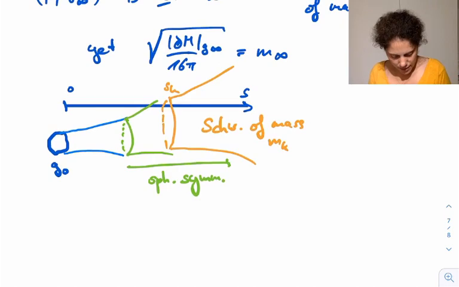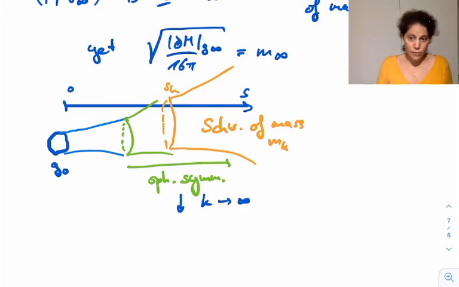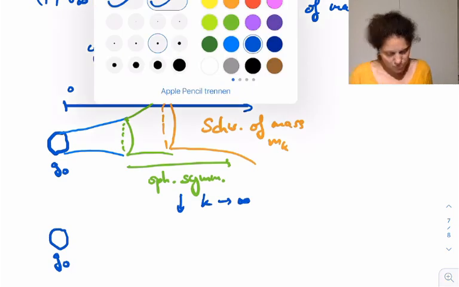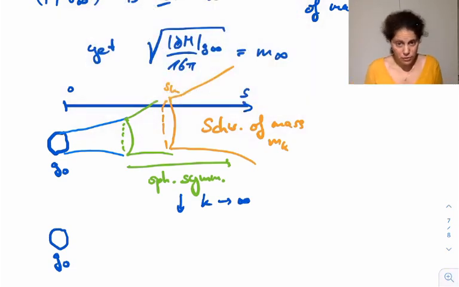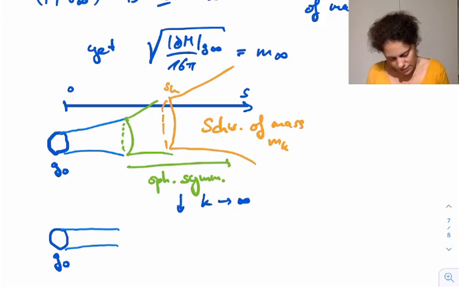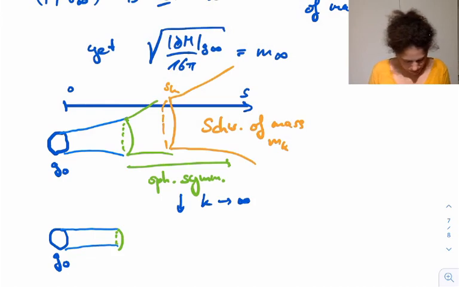And then as k tends to infinity, we have the same manifold, so I draw into the same picture. We start out with the same metric on the initial surface. And then I'll keep the color scheme for you to identify the portions, but of course the places where things happen are not the same s's, same parameters. Then we have some kind of a cylindrical manifold here, which at some point becomes spherically symmetric.